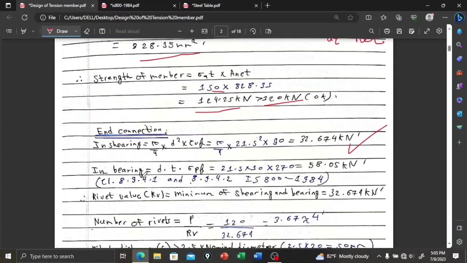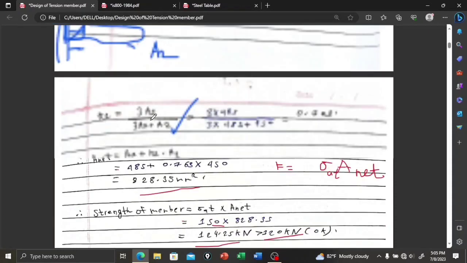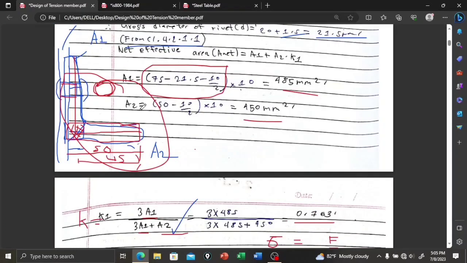And in bearing, the bearing is resisted by this.